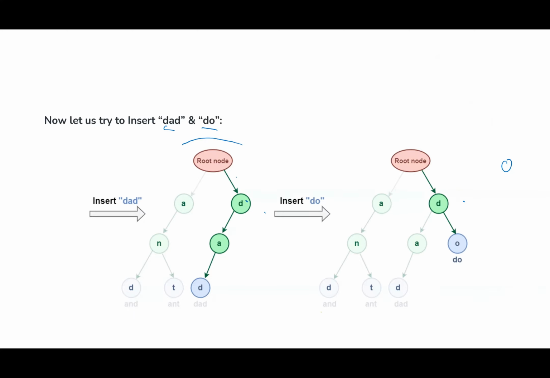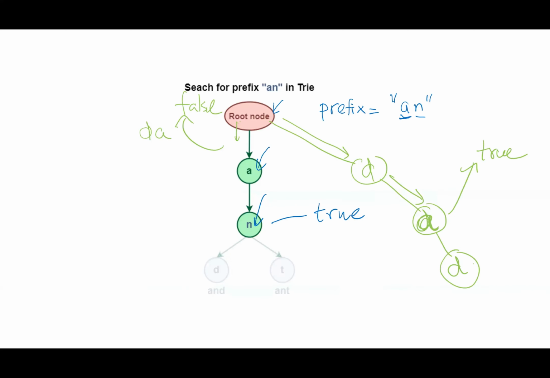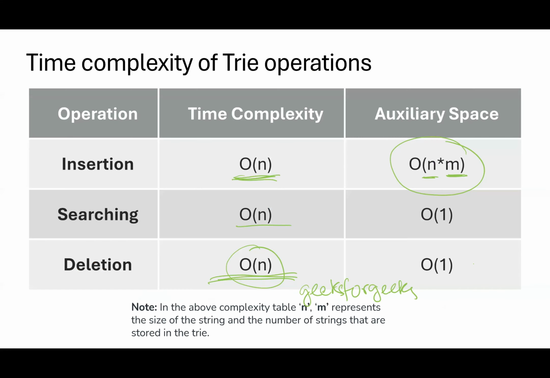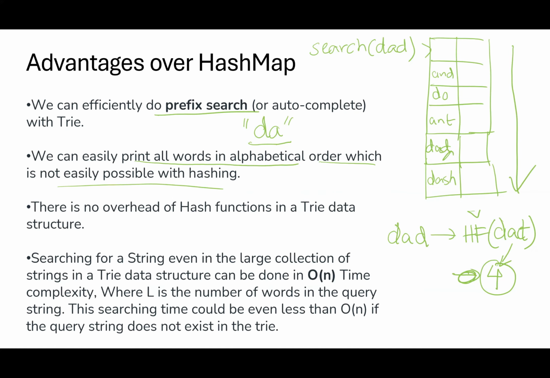If you print this, you see and, dad, do, right? If you go from left to right, you can print all of them in alphabetical order. But in a hash map, you don't know which one is where. You see and is here, do is here, ant is here. You cannot print them alphabetically.